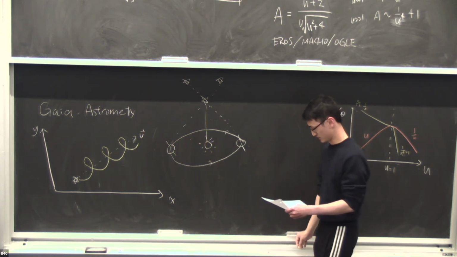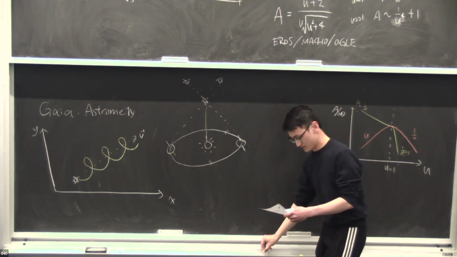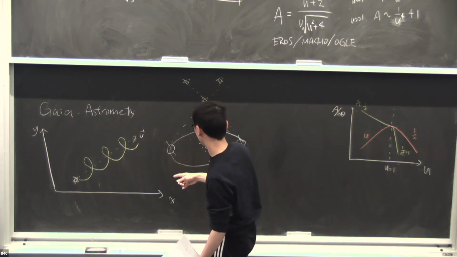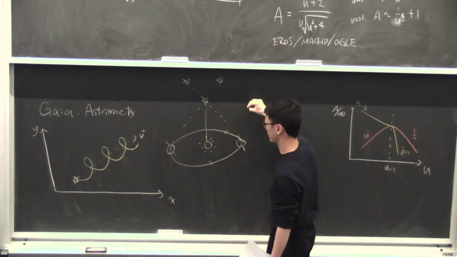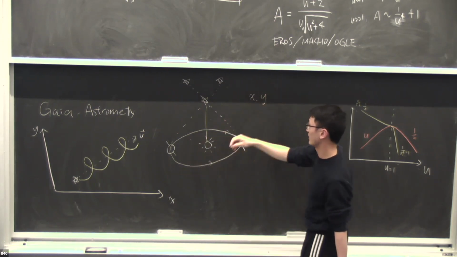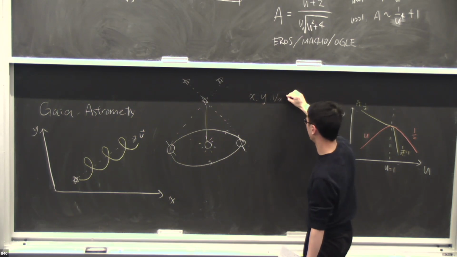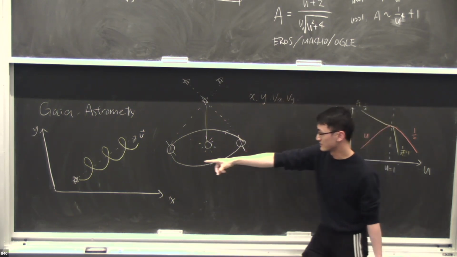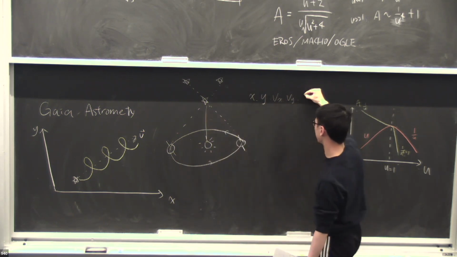Okay, so for every star, Gaia can measure 5 parameters: the 2 locations on the sky, two velocities, and this distance.